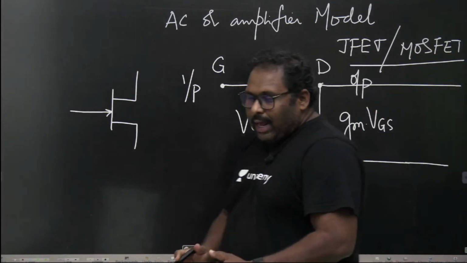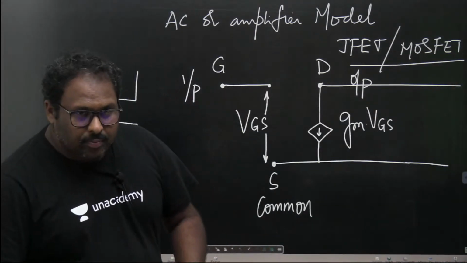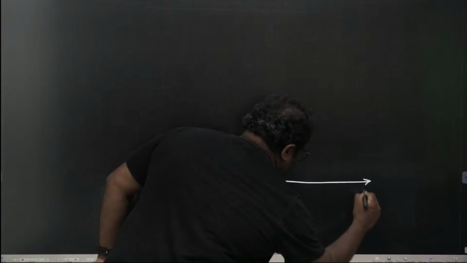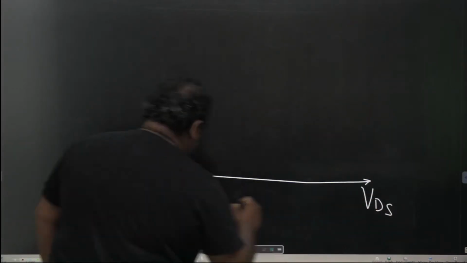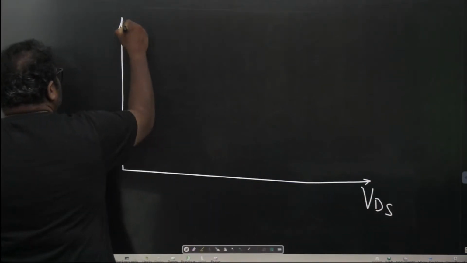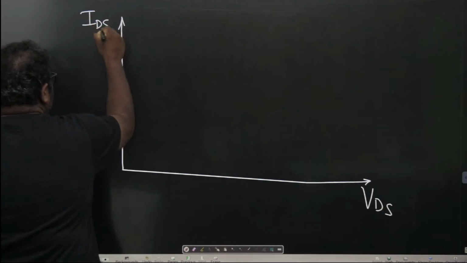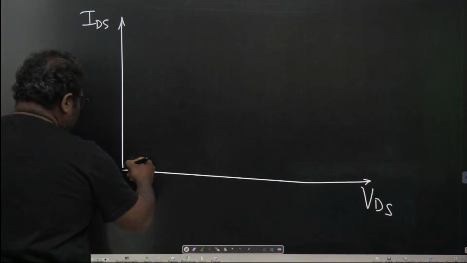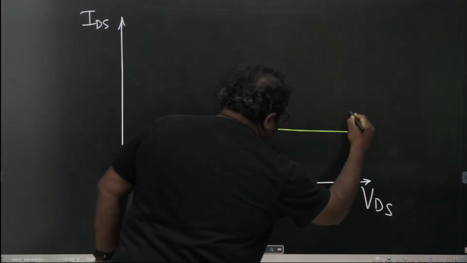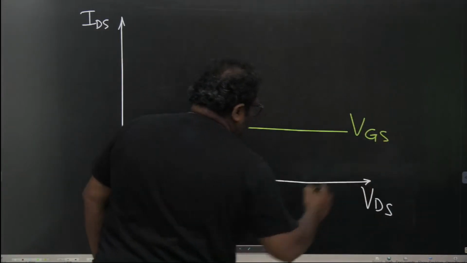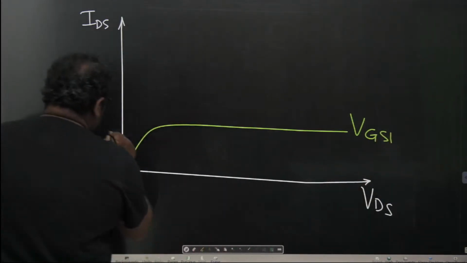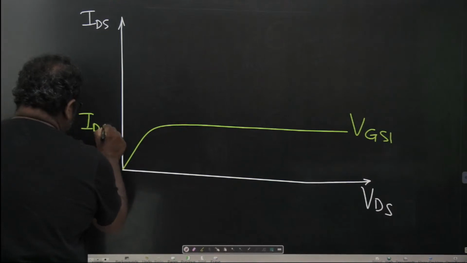So if you look at your graphs, or your equations, or the working of the MOSFET, we clearly say that in the saturation region, the VDS versus IDS curve purely depends only on the corresponding VGS. For a given VGS1, I find an IDS1.